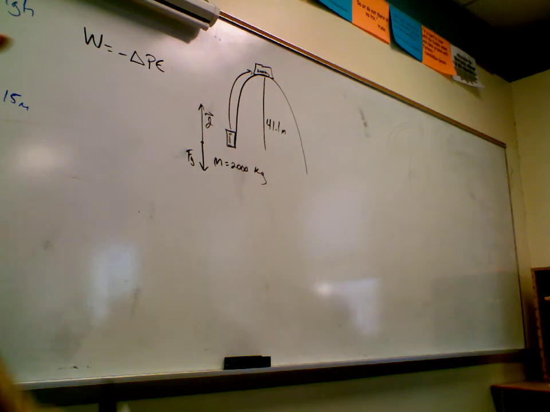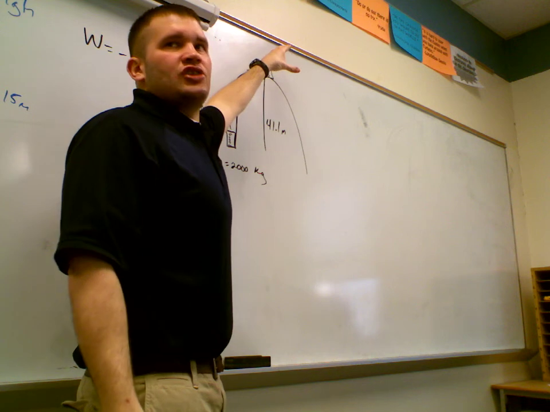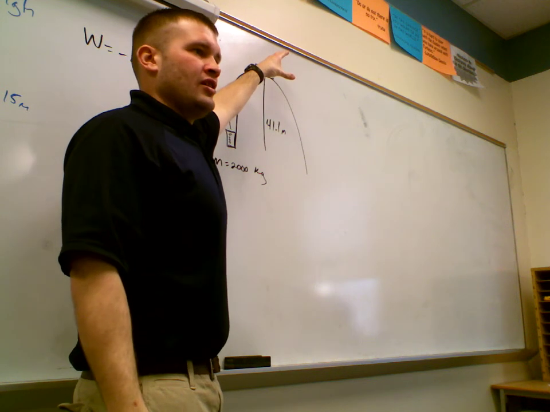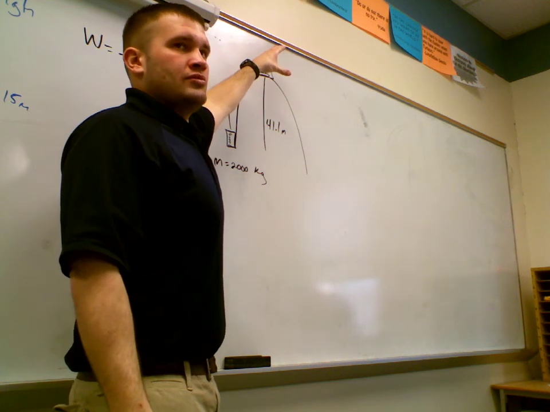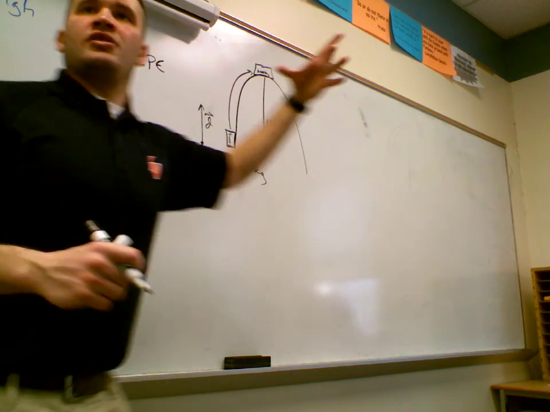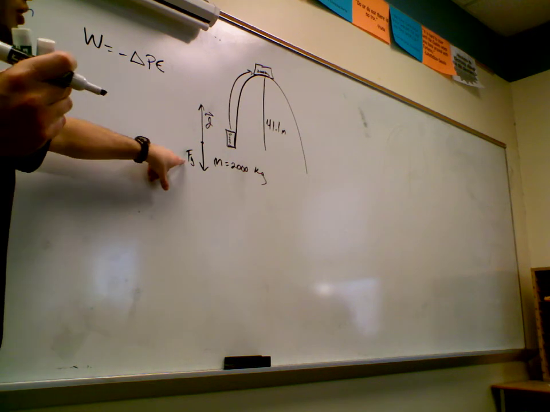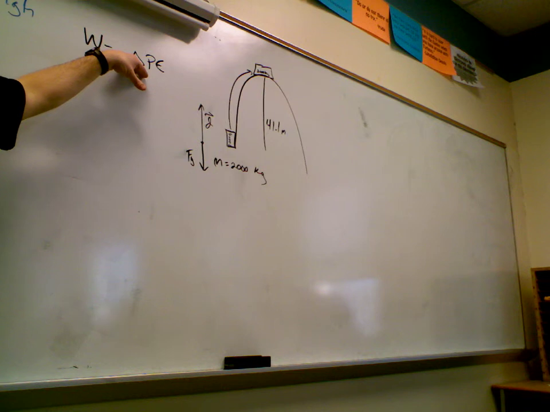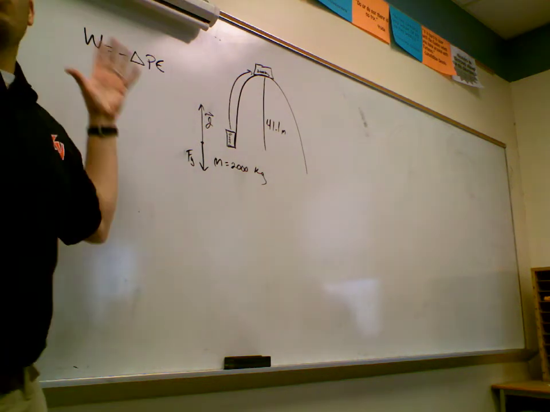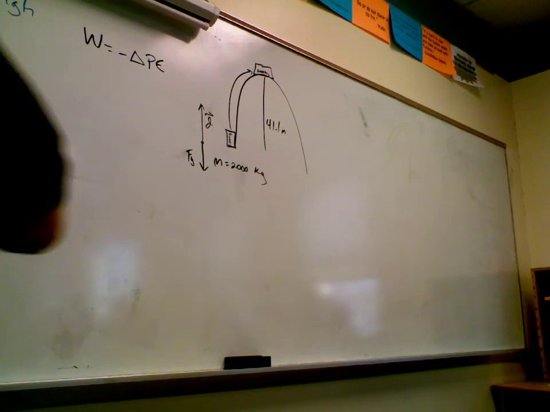What that tells us is, as I move the roller coaster up here, I'm not taking energy away from the system. We're storing energy in the system. We're putting energy in. So this negative sign just shows the relationship between the work done by gravity and the storing of the energy. As we store energy in the system, we're working against gravity. That's what the equation tells us.